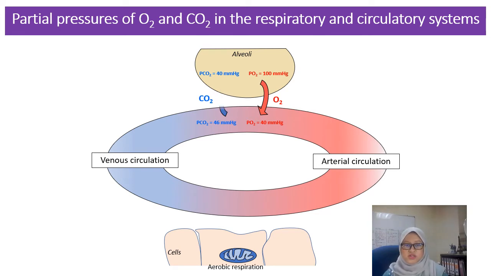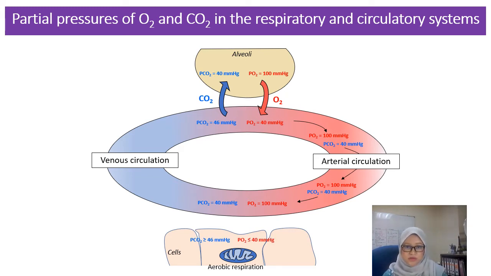So this oxygenated blood will be transported via arterial circulation to the tissues. In the tissues, because of aerobic respiration, the partial pressure of oxygen is less than or equal to 40 mm Hg, whereas the partial pressure of carbon dioxide is 46 mm Hg. So because of this partial pressure difference, the gas will diffuse.